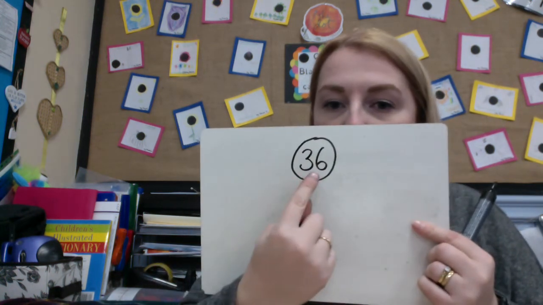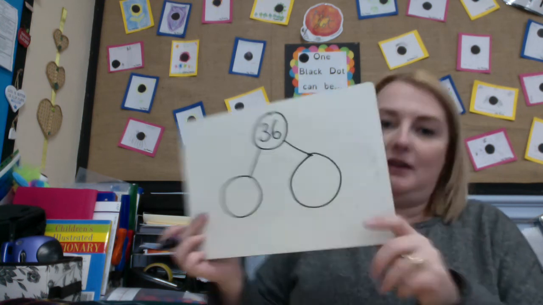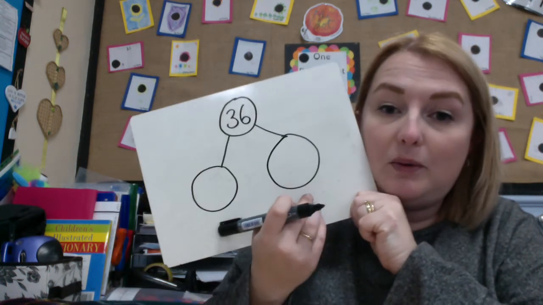The next way I'll show you is with part whole models. So you could have a number at the top, let's choose 36. That's the top of my part whole model, the number 36. You then split your part whole model into two, and one part, so this side will be your tens, and one part will be your ones.